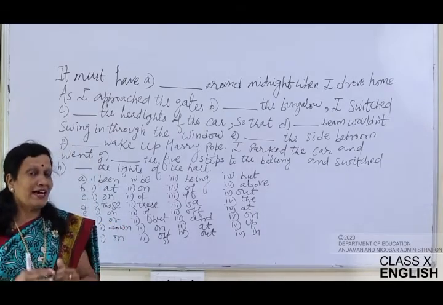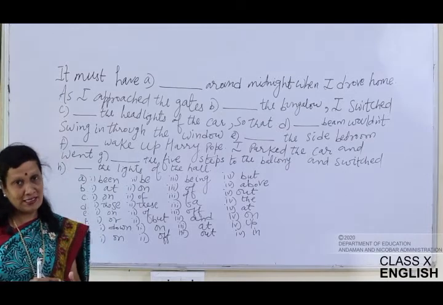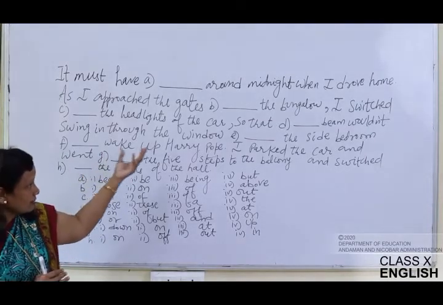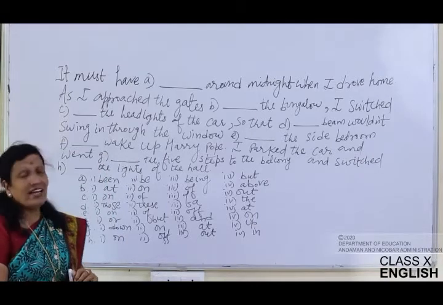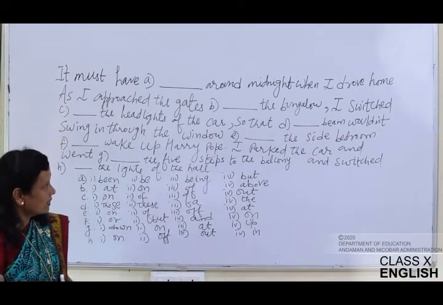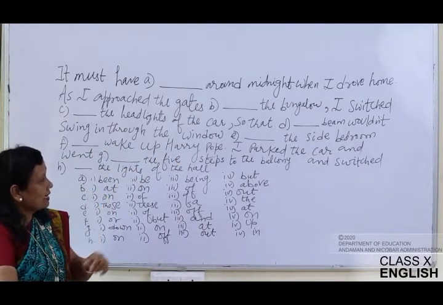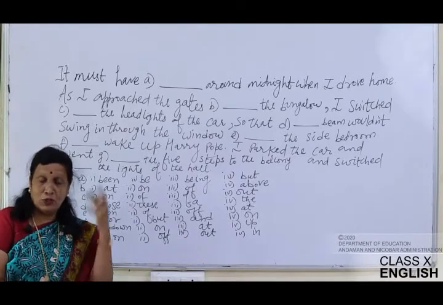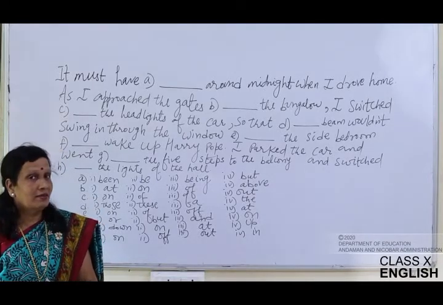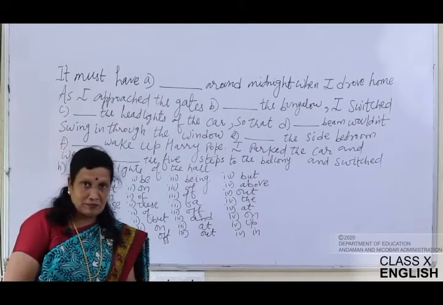I am not giving you the answers right now. We are just trying to understand the passage. So, then what does he do? He does something with the headlights of the car, and then what does he do? He goes inside the house and then he goes to the steps and then again does something with the light.